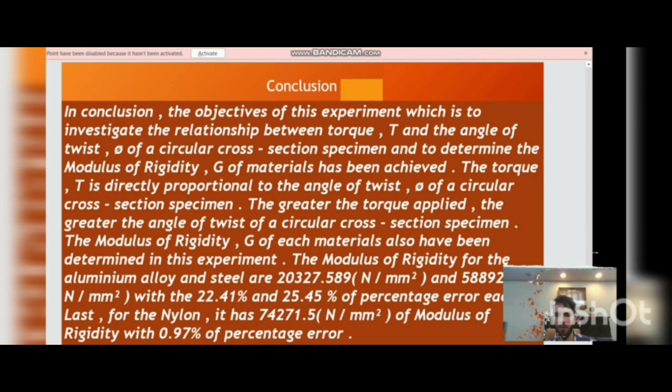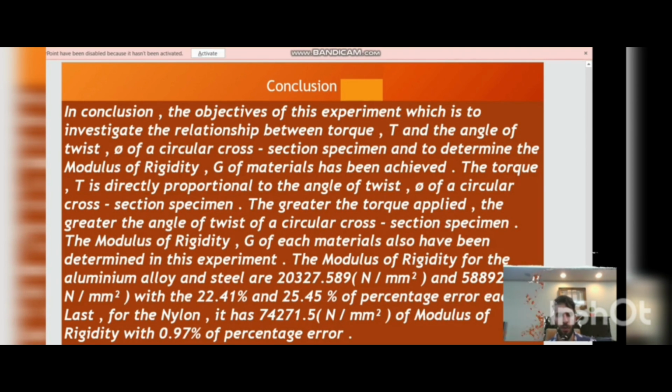The modulus of rigidity for the aluminium and steel are 20,327.589 Newton per millimeter square and 58,892.075 Newton per millimeter square.